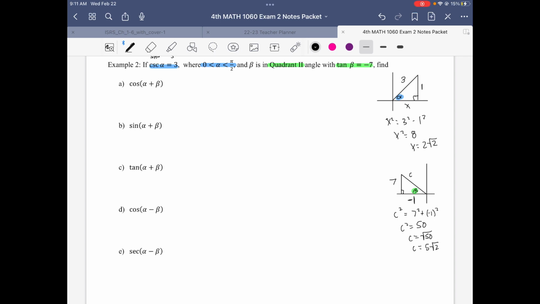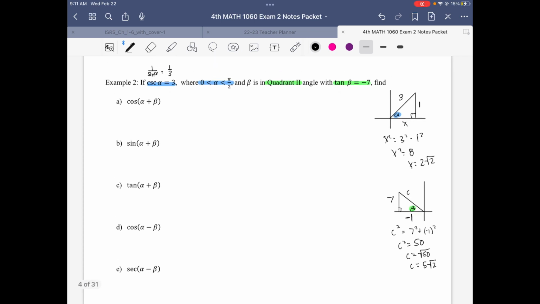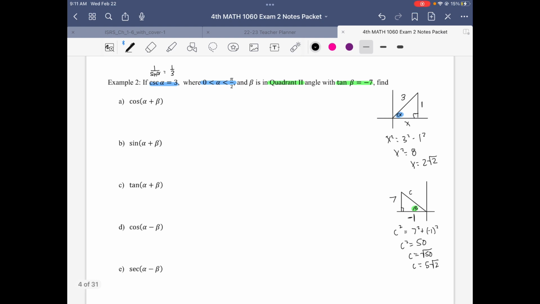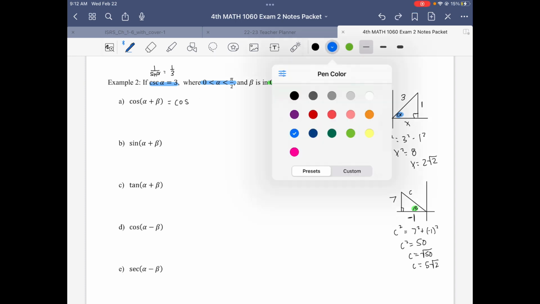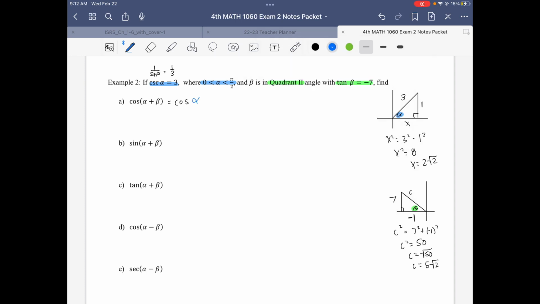So when we're dealing with cosine, what it's asking us to do is the cosine of alpha plus beta, right? But we're talking about these ones specifically.